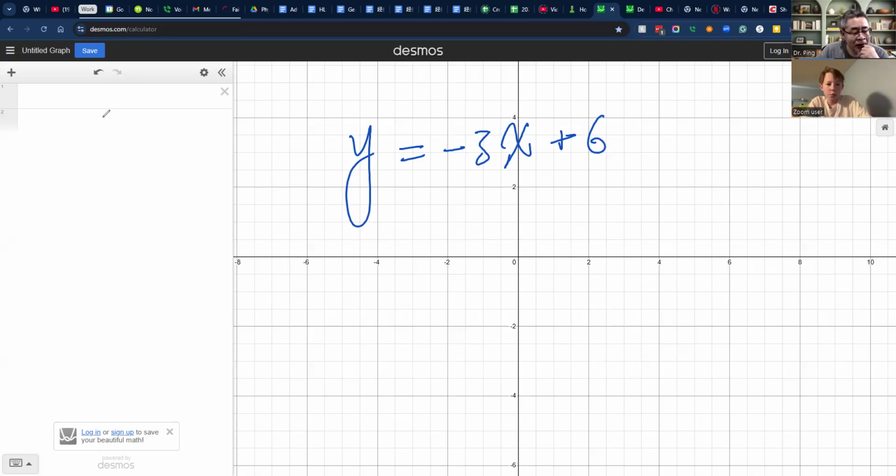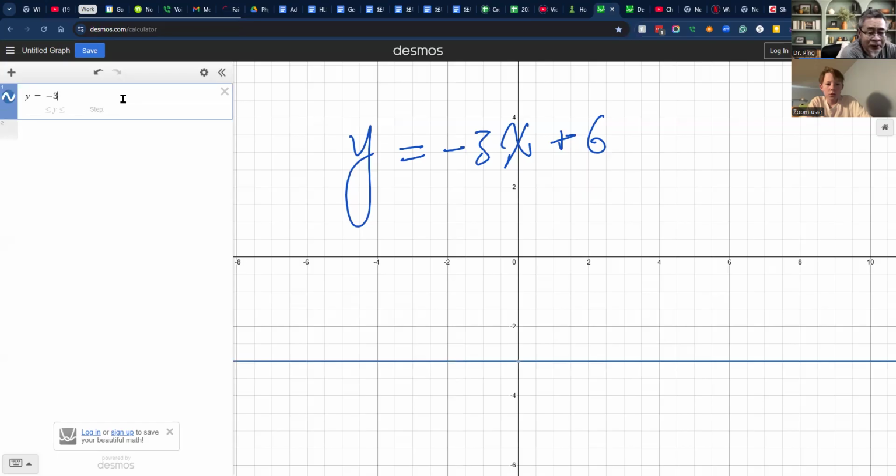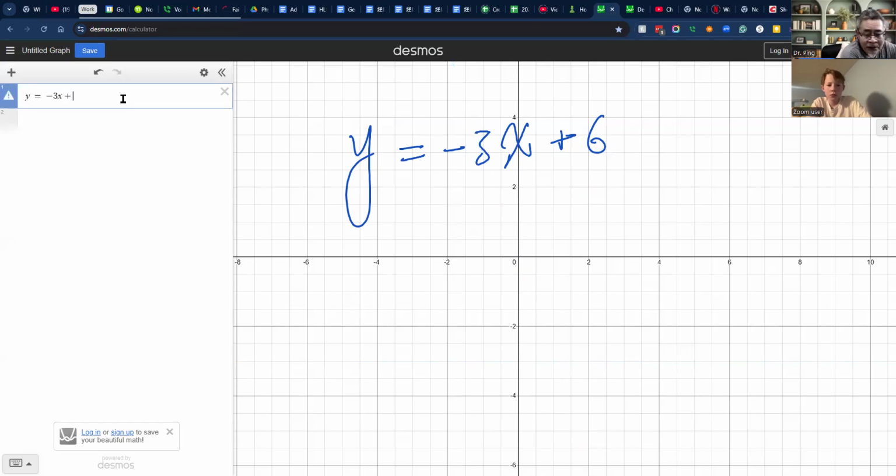See this one, okay? What we got here is y equals negative 3x plus 6. And now you can see this point.